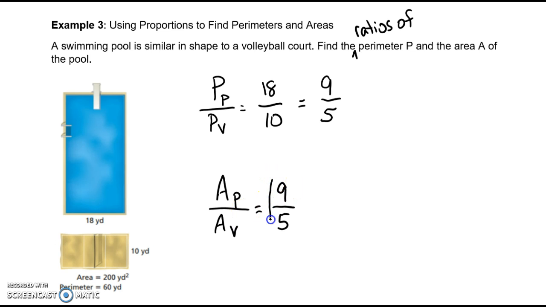So remember that always on area, you are going to have to square that. Area, think of a rectangle like here, is going to be length times width. So our ratio of the areas is also going to be squared. If we multiplied that out, 9 times 9 on the top would be 81. 5 times 5 on the bottom would be 25. But we don't have to do that. We can just stick with that. So that's it for this section.